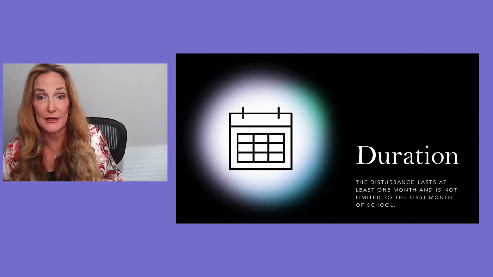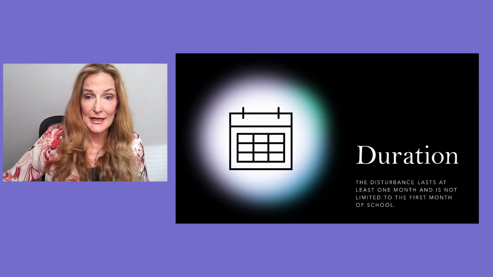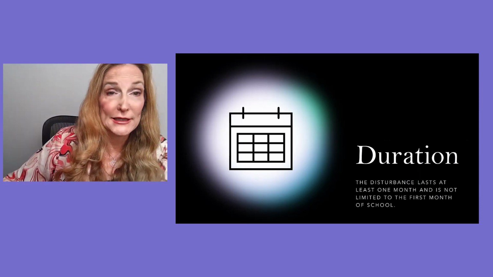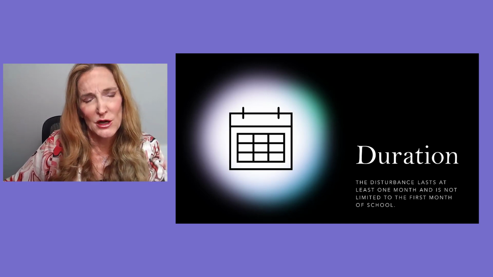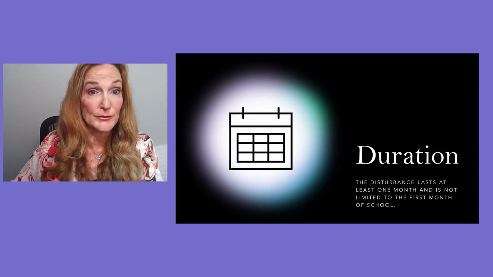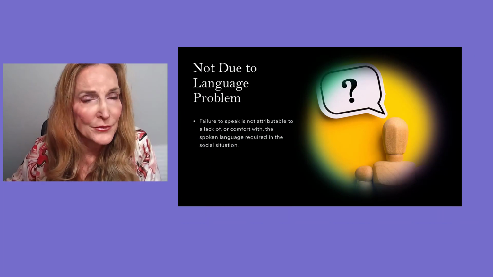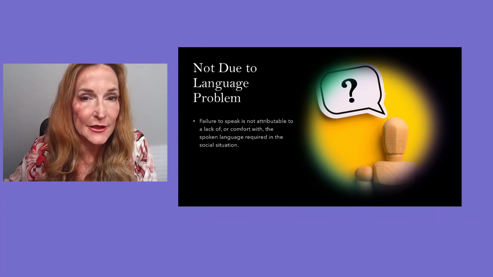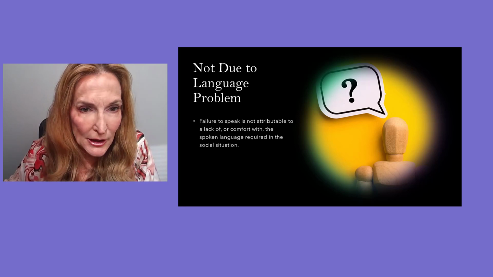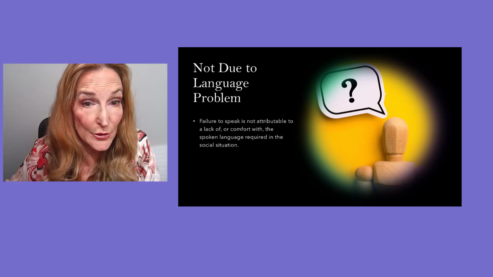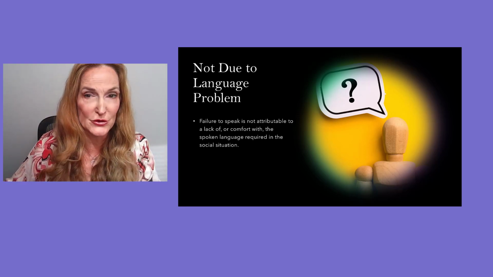The third criteria is duration. The disturbance lasts at least a month, and it's in particular not limited to the first month of school. Fourth criteria, the failure to speak is not attributable to a lack of or comfort with the spoken language required in the social situation.